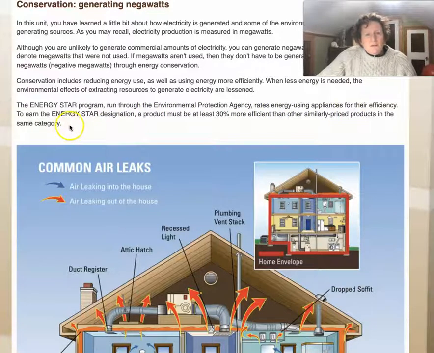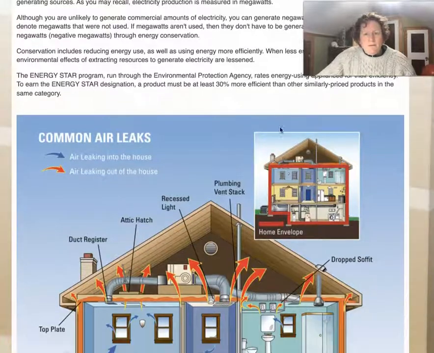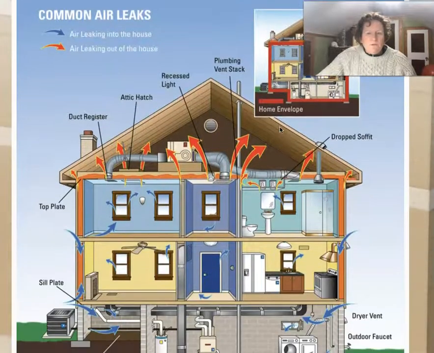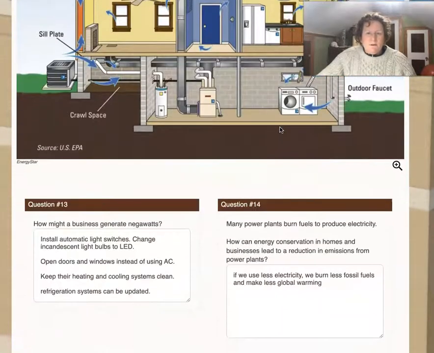To earn the Energy Star designation, a product must be at least 30% more efficient than other similarly priced products in the same category. When we shopped for a dishwasher and a refrigerator, because our other dishwasher and refrigerator had died, so we had to get new ones, we looked for Energy Star appliances, and as a result, we use a lot less electricity than our neighbors.